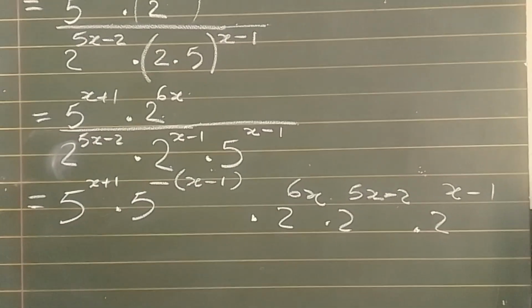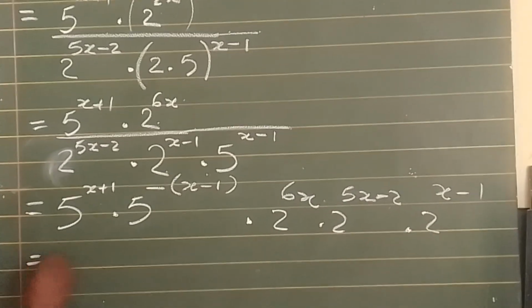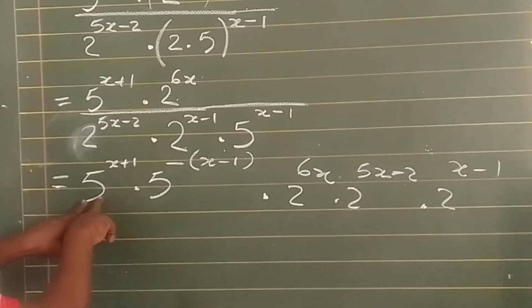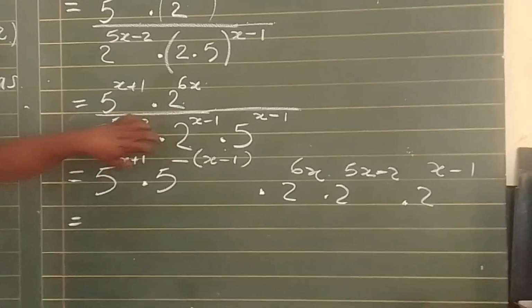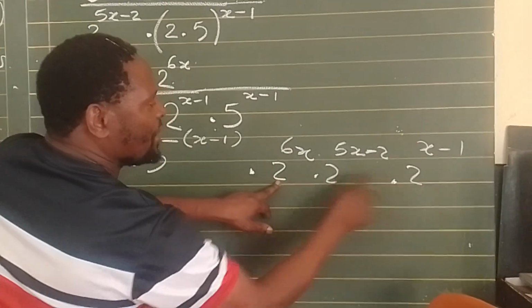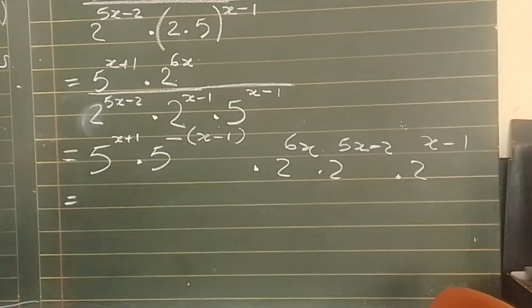Now everything is elevated. The next step is you have the same base. When you multiply the same bases, you add the exponents.